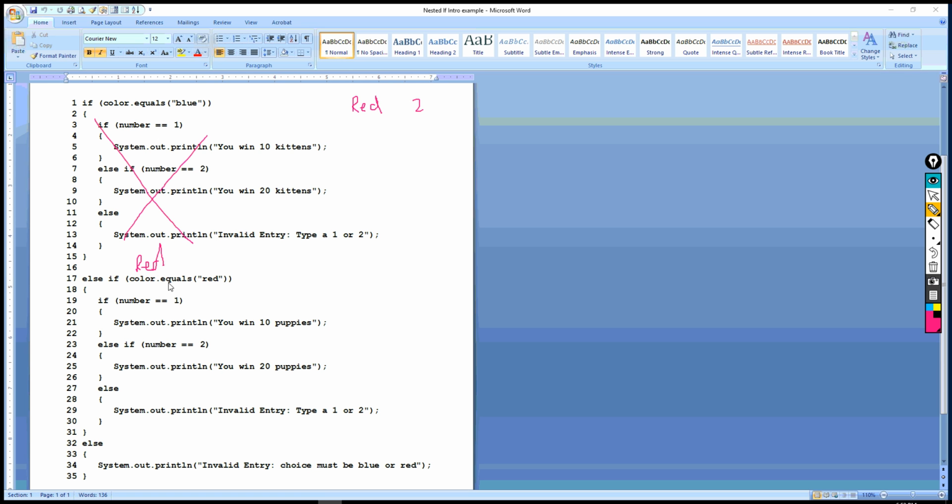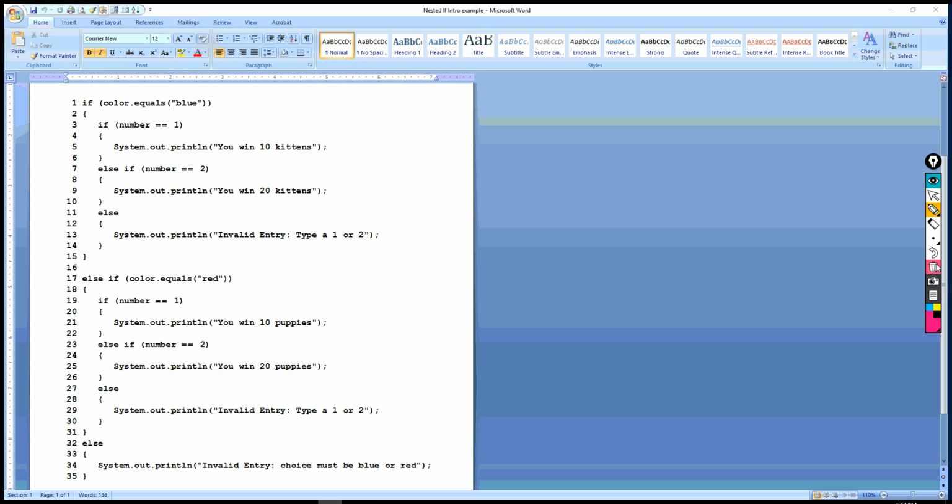Since this is equals, that means it's case sensitive, and so this is capital, this is not capital, therefore they are not equal. And so this else if clause is ignored, and so else has to be executed. So this else clause is then executed. For instance, invalid entry tells what the choices should be.